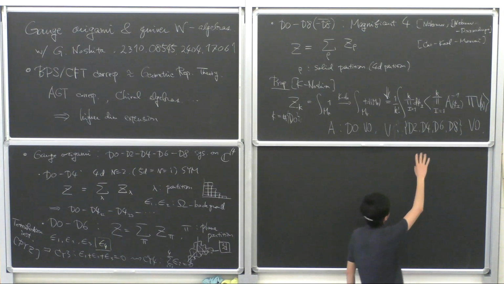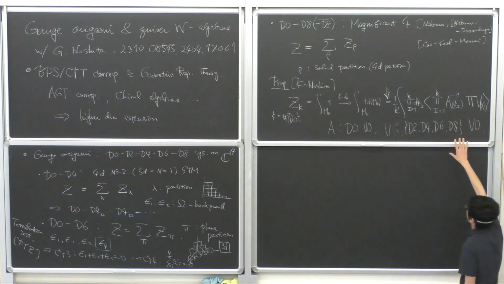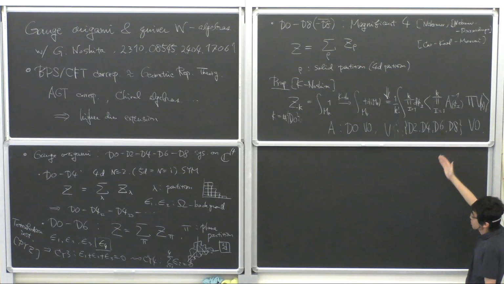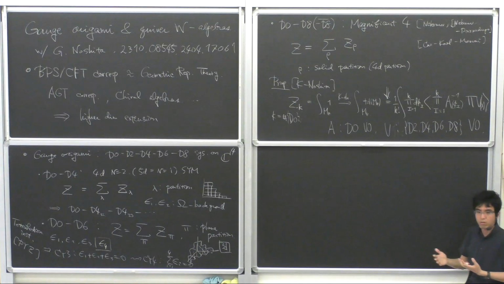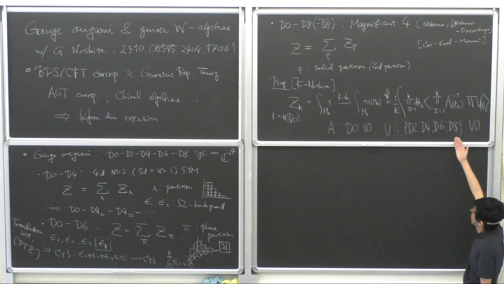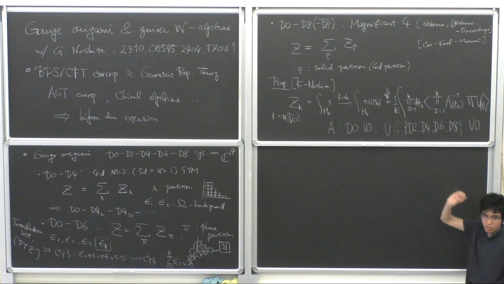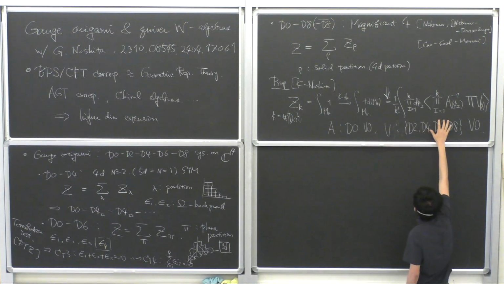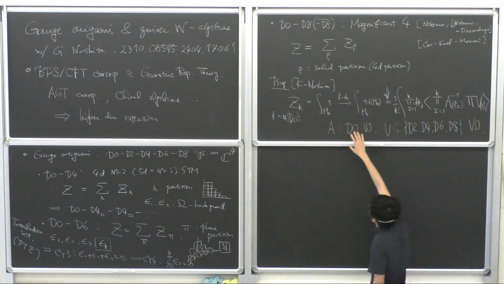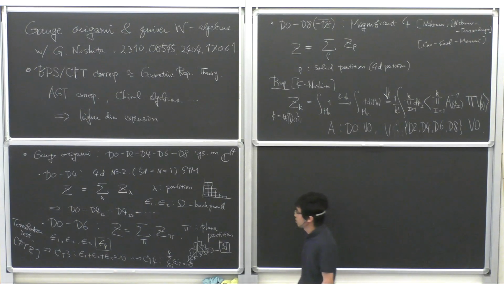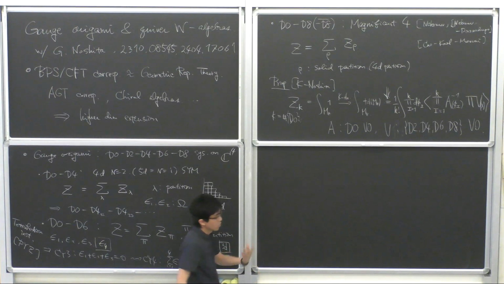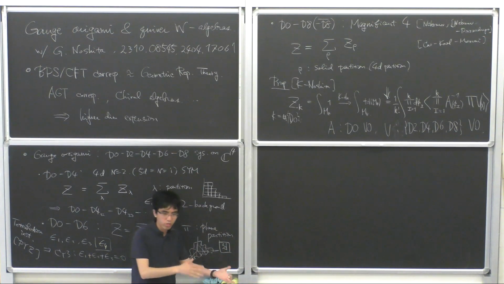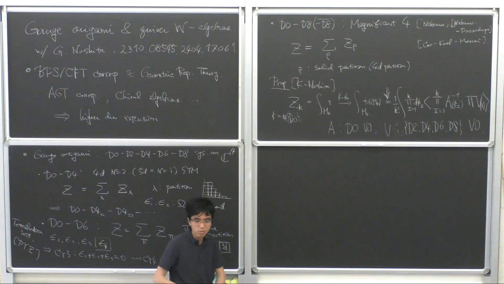The right-hand side is rather algebraic, in the sense that once you construct a certain nice vertex operator, which plays a role of creation and annihilation operators or vertex D-branes, you can immediately compute the partition function. So the right-hand side is the more algebraic side, and this is the more geometric side. The question is how to convert geometric data into algebraic data. This is basically the key part.